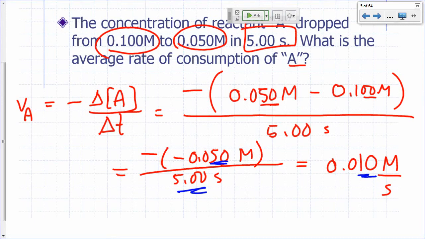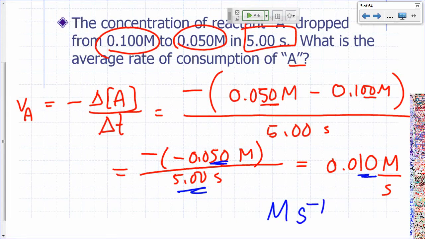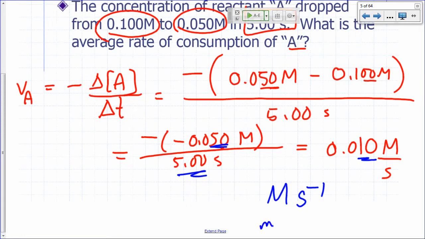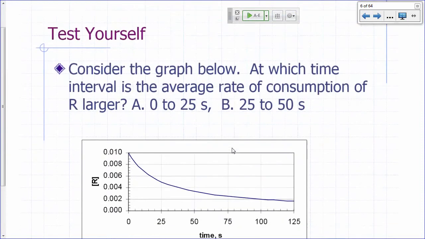Concentration unit divided by a time unit. So it's moles per liter per second. That would be a unit of concentration, a unit of rate. Change in concentration divided by change in time.